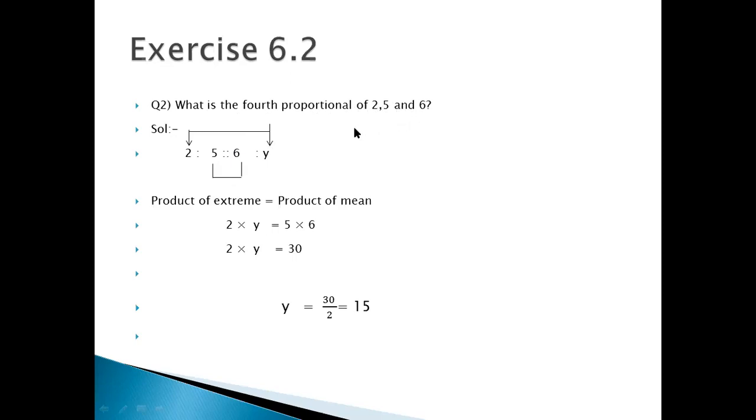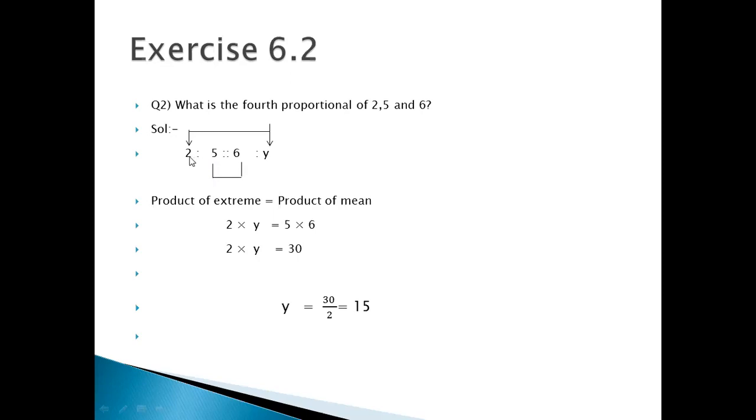We write a proportion as A ratio B proportion C ratio D, so A, B, C are given and the fourth one is missing. So how can you write it? 2 ratio 5 proportion 6 ratio Y. In place of Y you can use any variable. I use Y here for the unknown fourth proportional.